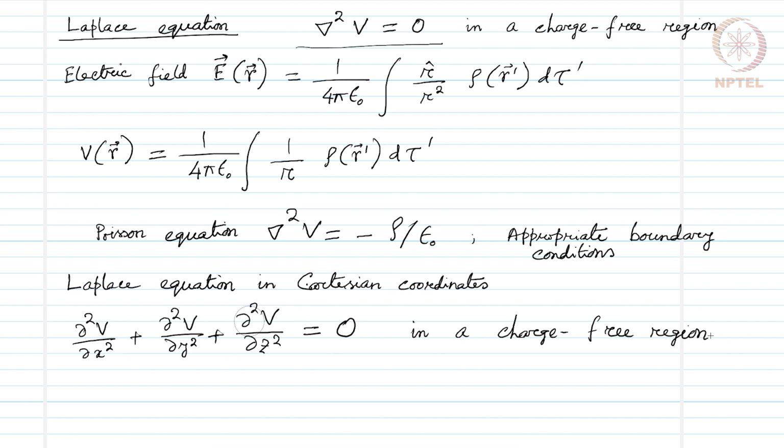If we have this, then let us consider for simplicity the case of one dimension. In one dimension, we can write that d2V dx2 equals 0. By looking at this, although with a set of appropriate boundary conditions we can solve this, we will not go in that direction.